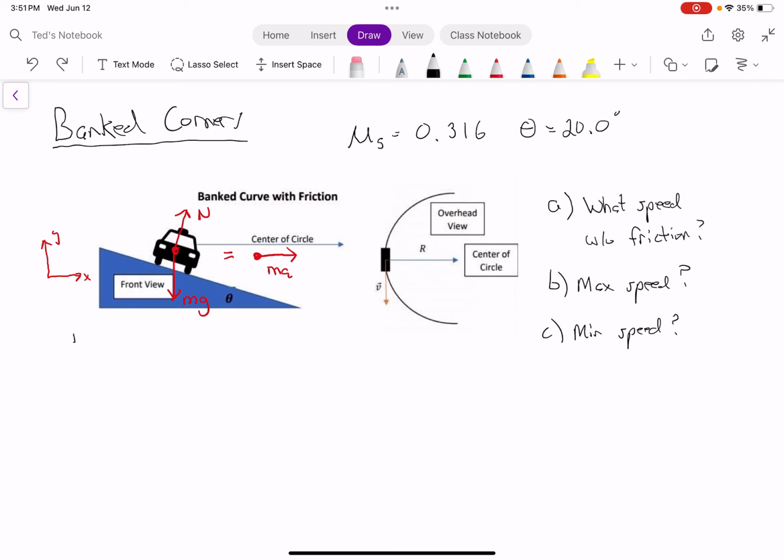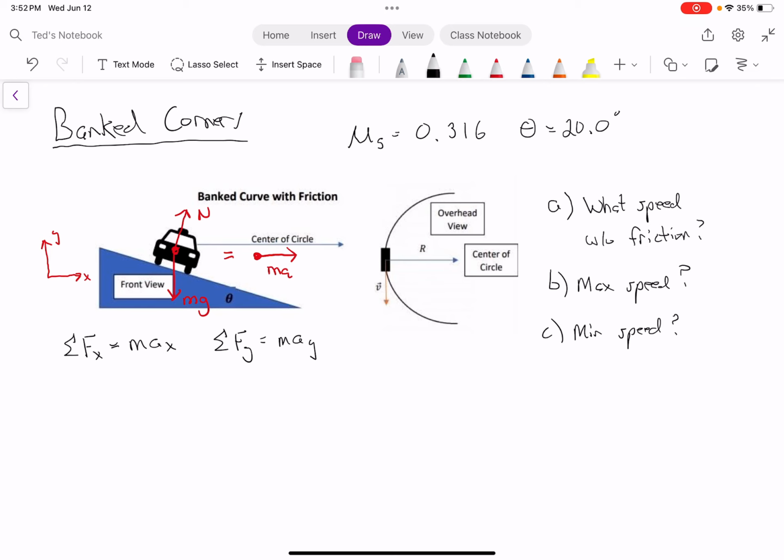So if we add up all of the forces in the x direction, it should equal mass times the x component of the acceleration. And if we add up all the forces in the y direction, it should be mass times the y component of the acceleration.